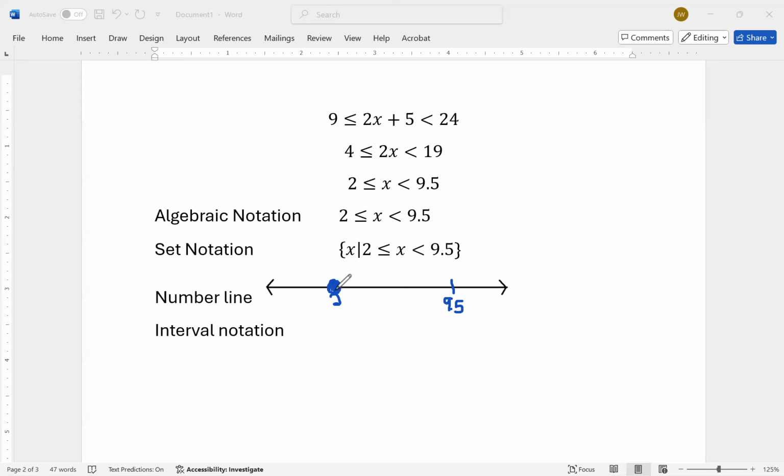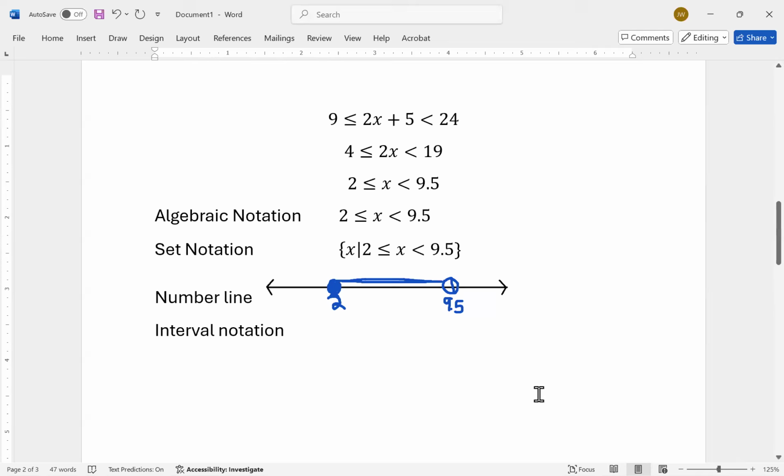But they cannot be equal to 9.5, so we're going to put an open circle on the 9.5 and not fill that in. Then we connect the 2 because x can be anywhere in the middle. X can be anywhere between this 2 and this 9.5. And so that's the interval, that's the number line notation.